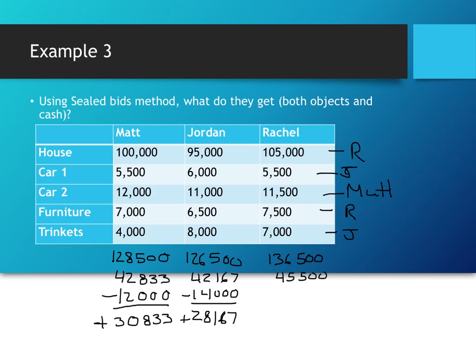So that means she got, in her eyes, $112,500 worth of stuff. Okay? Notice that when you subtract this, you're going to get a negative, and it's going to be a negative $67,000. All right? So Rachel is going to put $67,000 into the pot. Matt and Jordan are both going to get out these two values, $28,000 and almost $31,000.